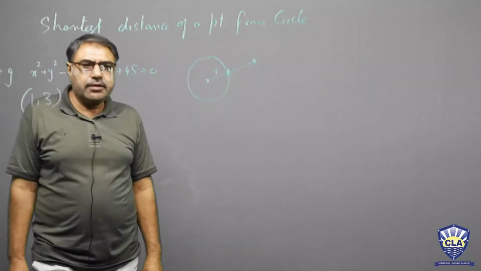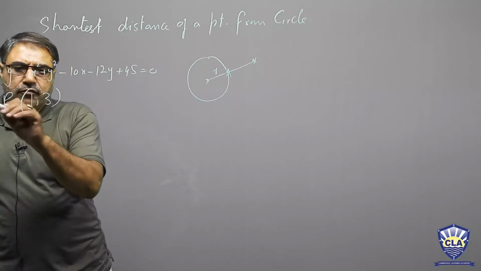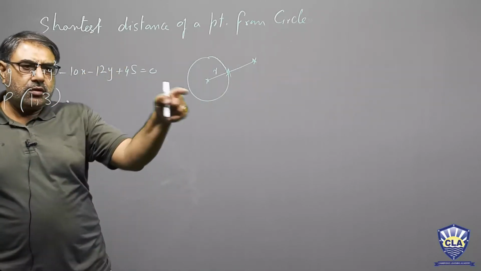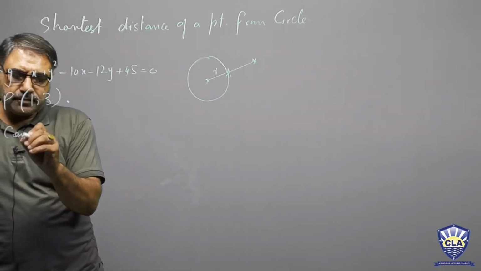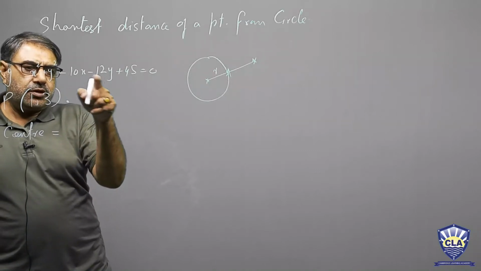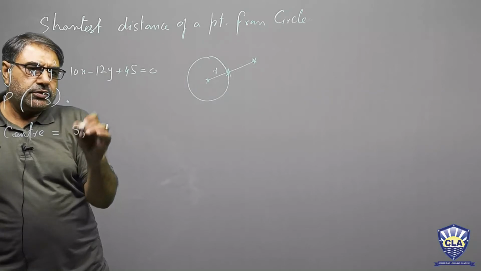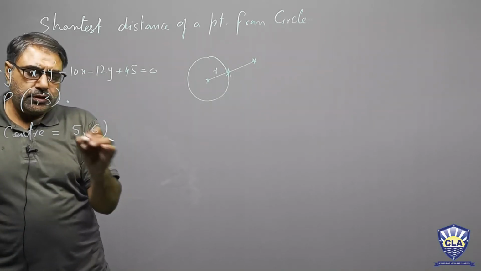Calculate the shortest distance of this point P from the circle. First of all, find the center of the circle. Center of the circle: change the sign, divide by 2, 5; change the sign, divide by 2, 6.